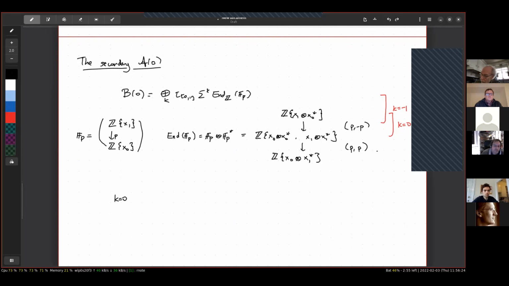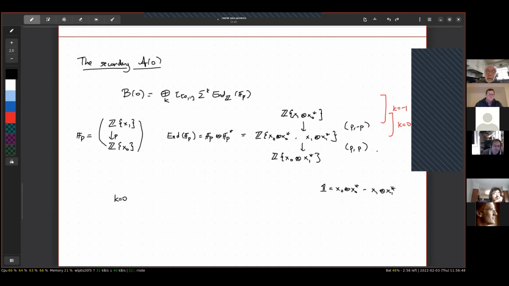The kernel of the bottom map is x0 tensor x0 dual minus x1 tensor x1 dual. Let's give that a name. That's the identity matrix after you have the right signs. So the names will go to the right: 1 is x0 tensor x0 dual minus x1 tensor x1 dual.